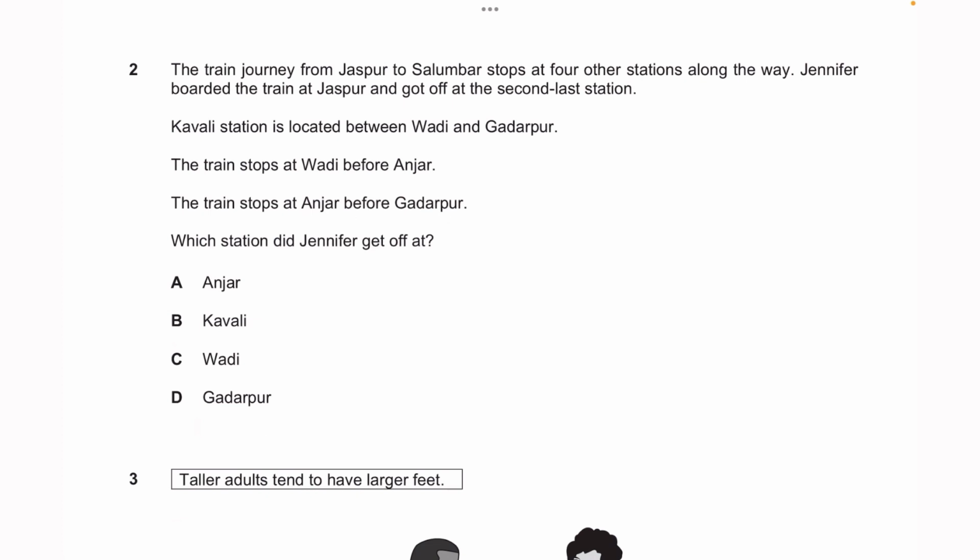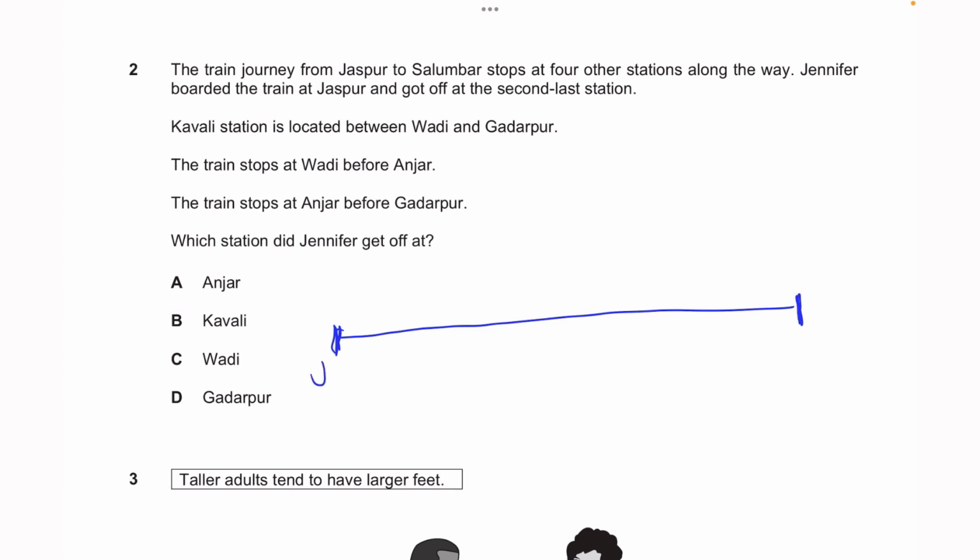Okay, so with this kind of question, you can see that this question definitely requires a diagram so you can see what the train line looks like. Okay, and so I'm going to show you, and we're going to draw an example of a diagram. So first of all, maybe you've seen this in real life, but the way that they show a diagram for a train journey is through a line.